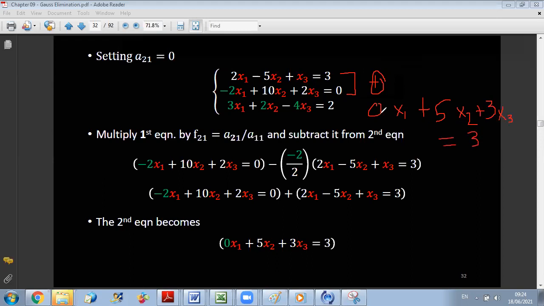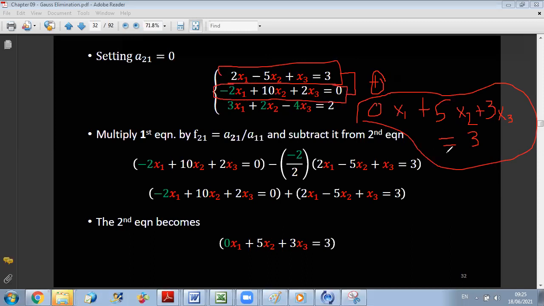If you replace the equation by this one, which was a combination of the two equations, and solve the system on your calculator, you will get the same solution. You can also replace the second equation by this one, because you got it by combining these two. So this equation can replace either the first or the second equation.